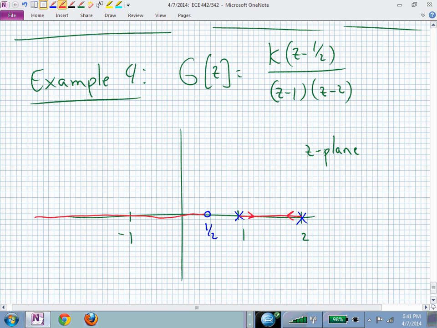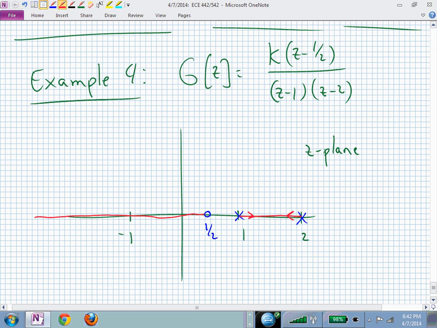So any point between 1 and 2 will have an angle of minus 180. Or the quickest way is to stand at any point between 1 and 2 and look to the right. Is there an odd number of poles and zeros to my right? Yes. So that whole segment is on the root locus.